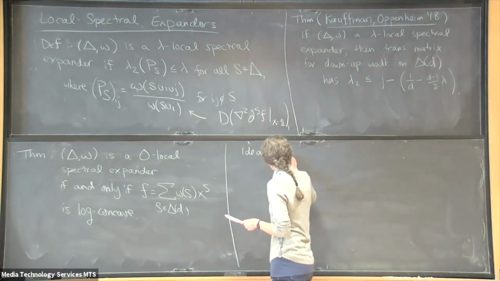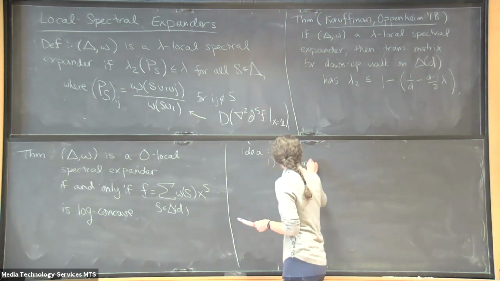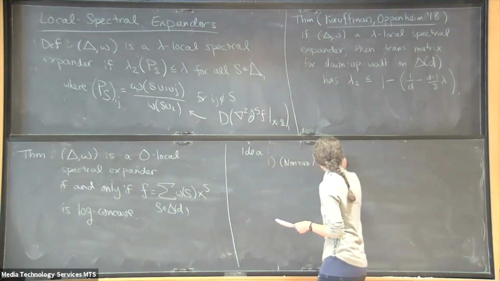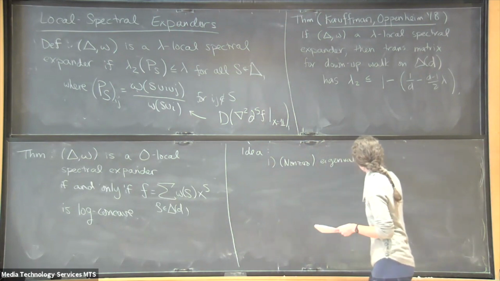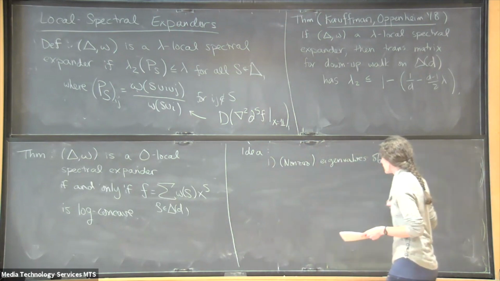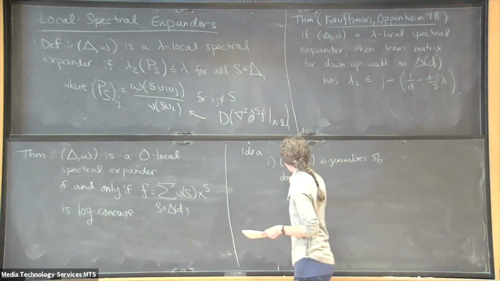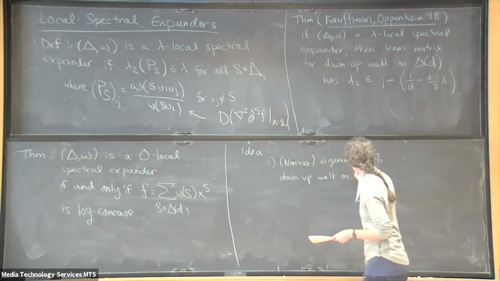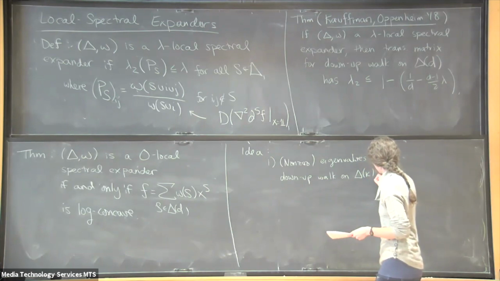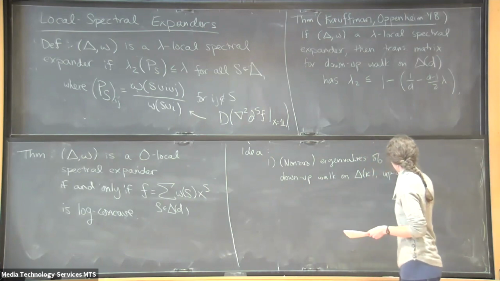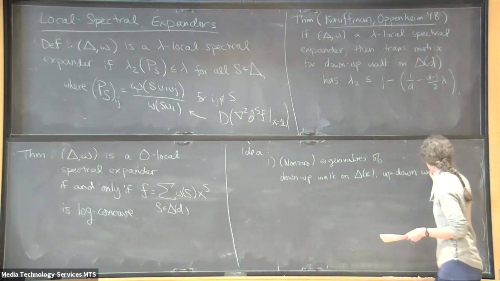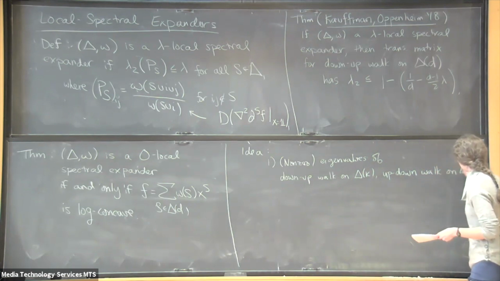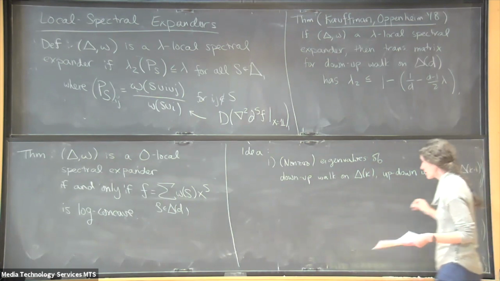Using the same sort of tricks, you can show the non-zero eigenvalues of the down-up walk on delta k and the up-down walk on delta k minus 1 match.